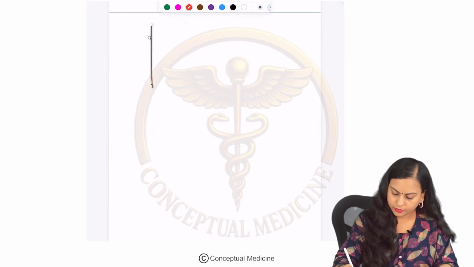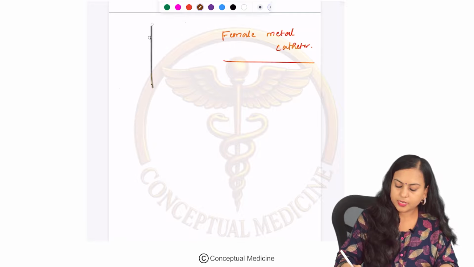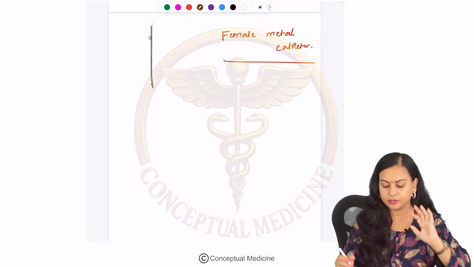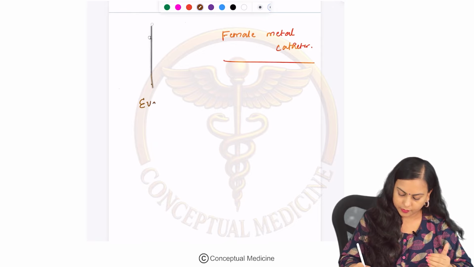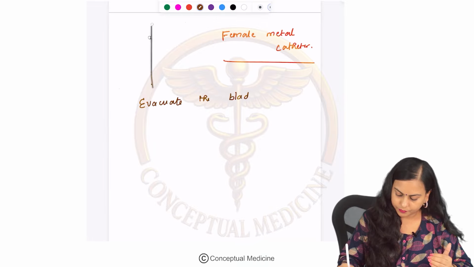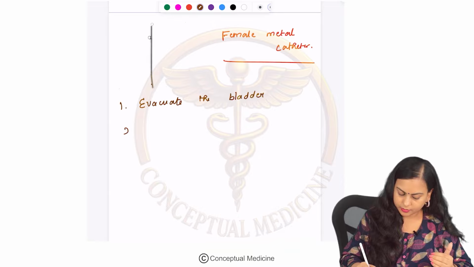Let's see some of the instruments that are used in gynecology. So, this is a female metal catheter. Usually the female metal catheter is used to evacuate the bladder routinely before surgery.